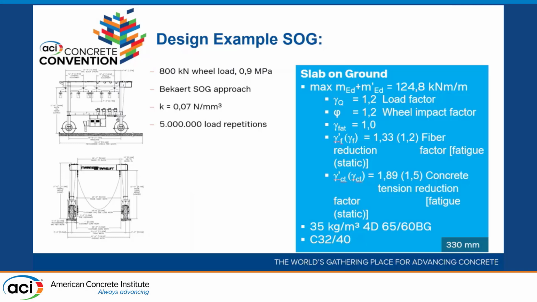So these were the parameters used in this particular example. This is the dosage, that's the concrete, and there is our slab thickness that we recommend for this particular use to carry all serviceability, ultimate, and this fatigue life at that level of loading per cycle.